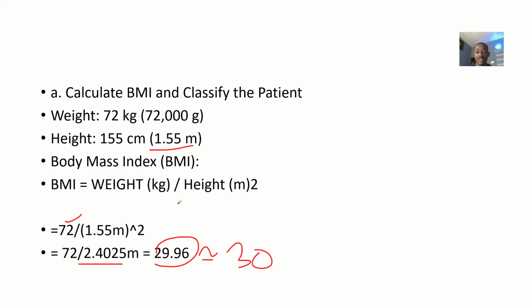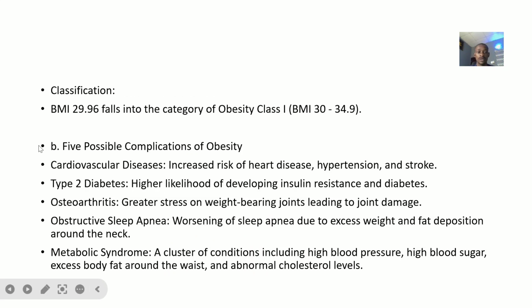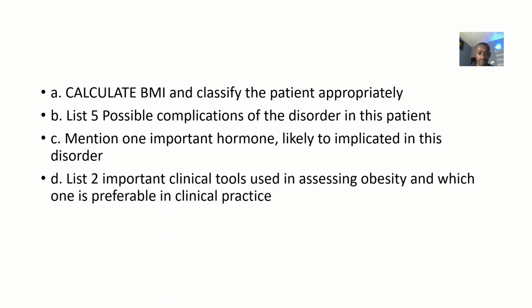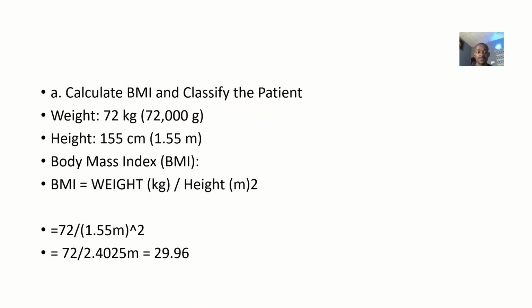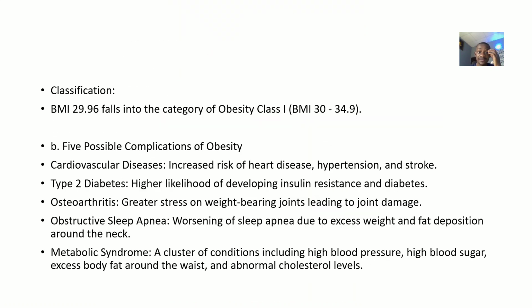So what will be the unit? The unit will be kilograms per meter square. Right? Kilograms per meter square, that's the unit for that. For the next question, first of all, you classify to check if the patient was obese or not.